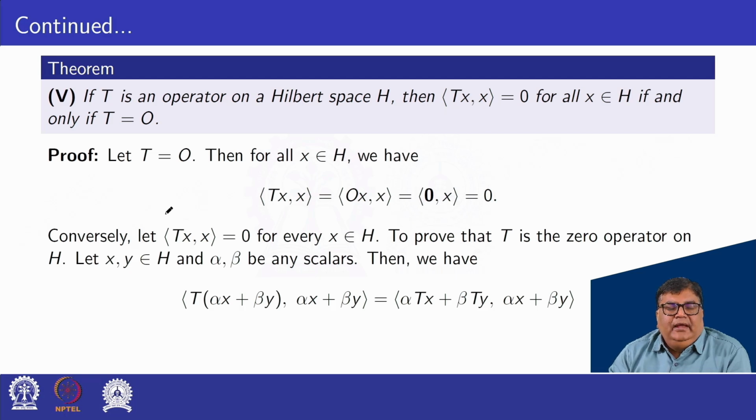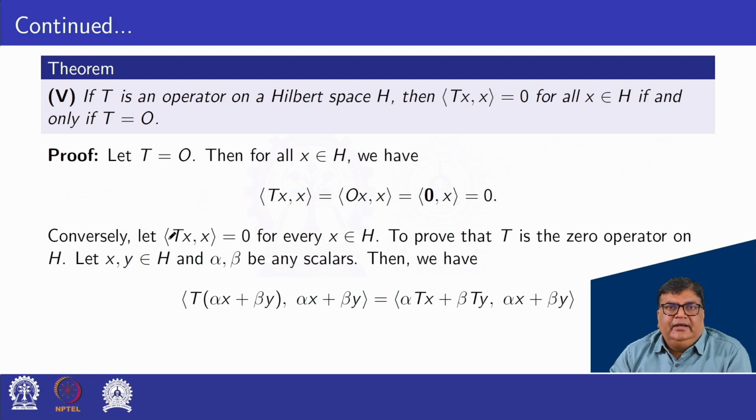Proof. Let T = O, that is zero operator. Then for all x belonging to H, we have (Tx, x) = (Ox, x) = (0, x), that is 0.